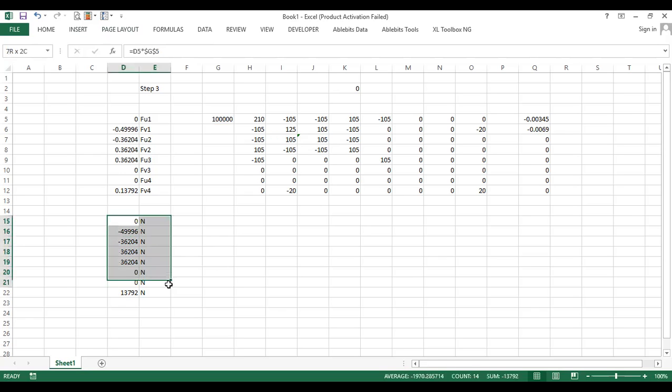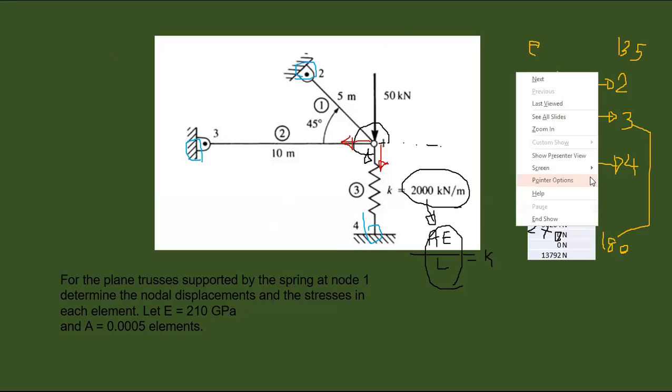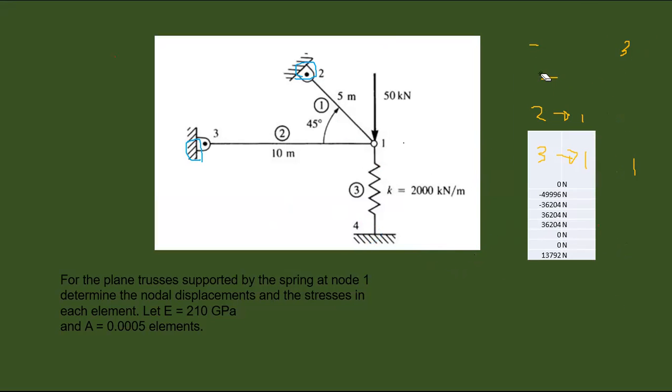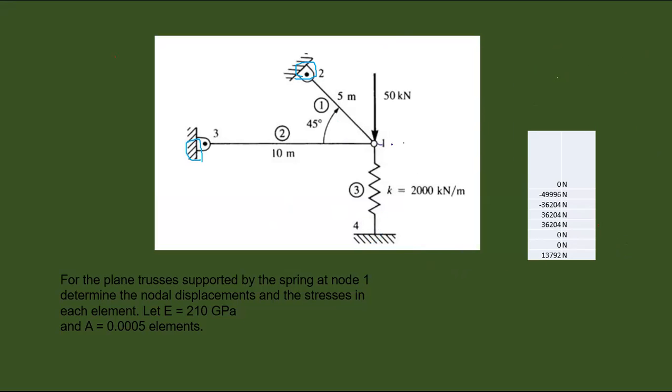So if I draw these things, okay, so we have these forces we already know, first two, right? If I draw it along this, we know we don't have any forces, 0, so it will calculate back our values, right? 0, and it is almost minus 50,000, right?